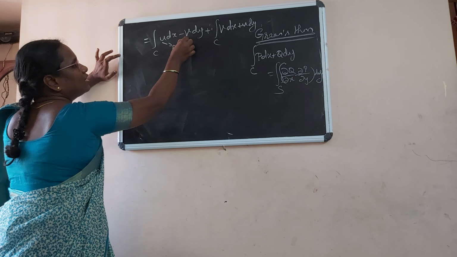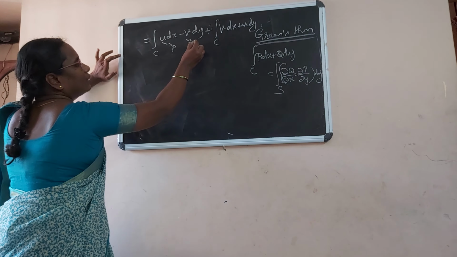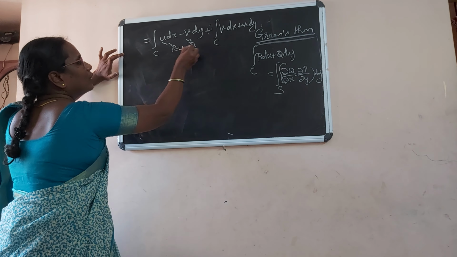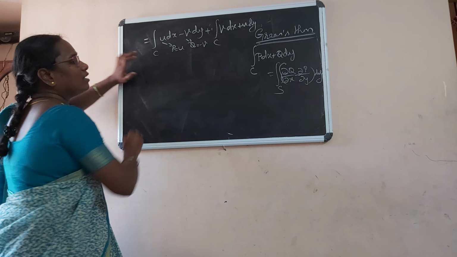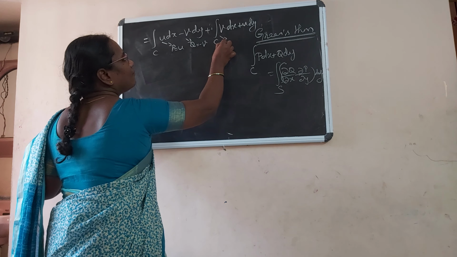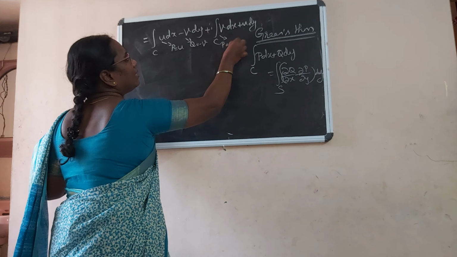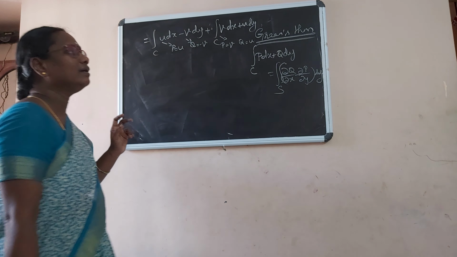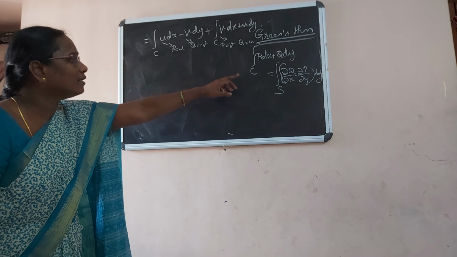In the first integral, p is equal to u and q is equal to minus v. In the second, p is equal to v and q is equal to u. Now we apply Green's theorem.